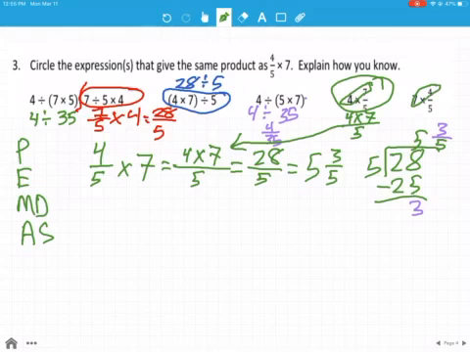And again, the problem is just backwards. The 4/5 is the second one, so we're definitely going to have that one as well. We don't even have to find the answers. We can look at it and see that we're going to have 28/5. Just have to find this one.